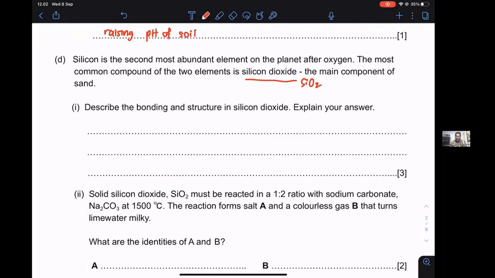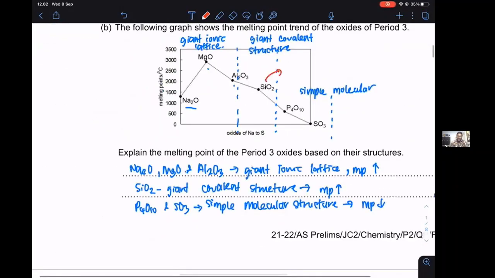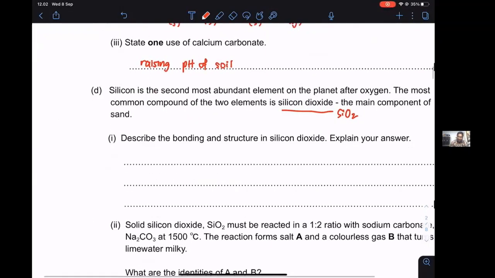Just now I mentioned, silicon dioxide has a giant covalent structure. So you just put it over here, the bonding and structure. What is the structure? SiO2 has a giant covalent structure.